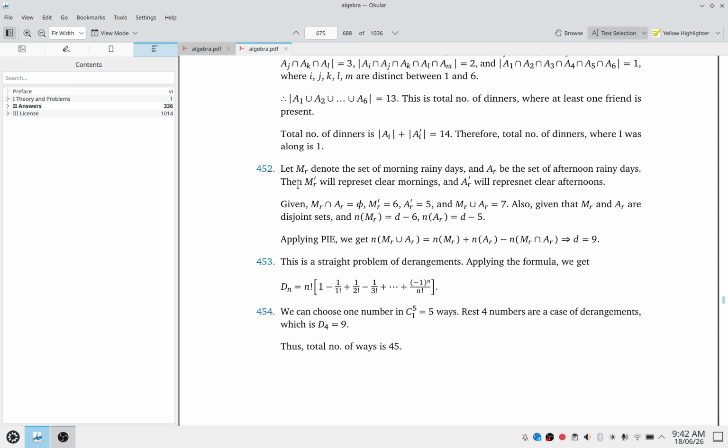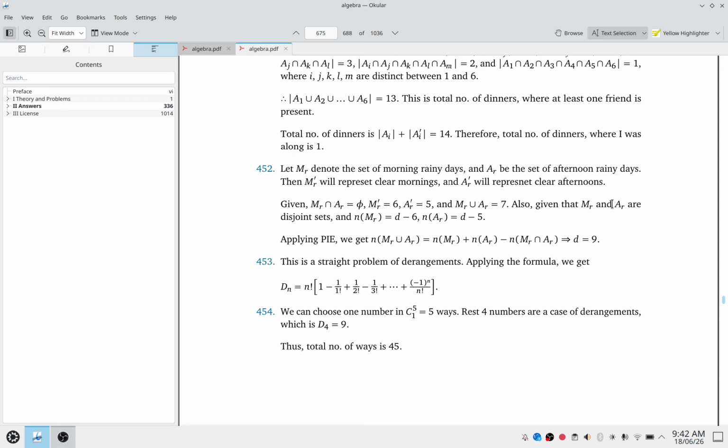Okay, so let MR denote the set of morning rainy days and AR be the set of afternoon rainy days. Then MR' will represent clear mornings and AR' will represent clear afternoons. We are given that MR intersection AR is equal to 5, n(MR') is equal to 6, n(AR') is equal to 5. So n(MR union AR) is equal to 7.